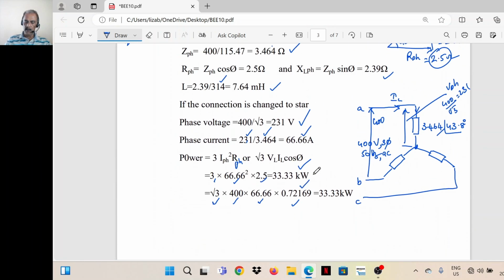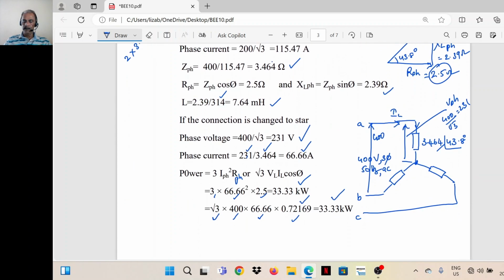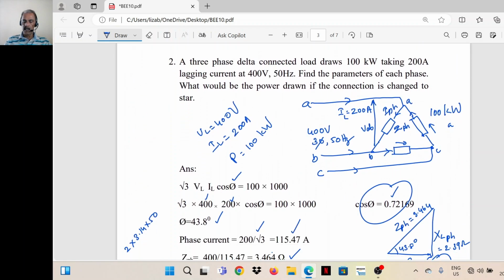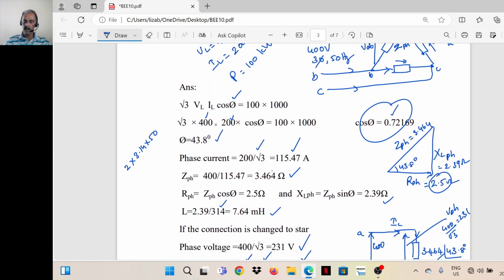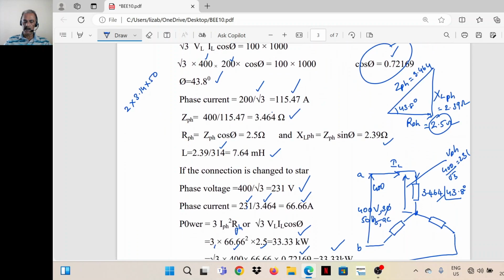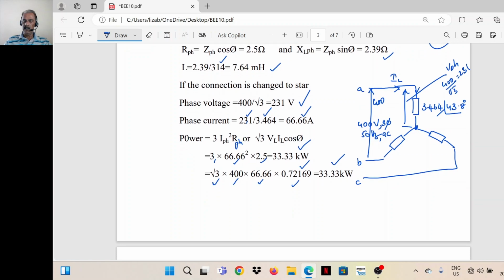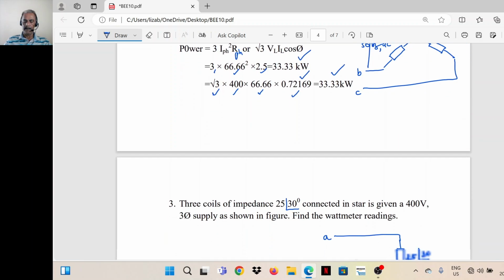By using this equation also we get the total power consumed by the circuit as 33.33 kilowatts. So in this delta connected circuit, we found out the power factor first, then found the elements of the impedance, then connected in star, and found out the total power consumption.